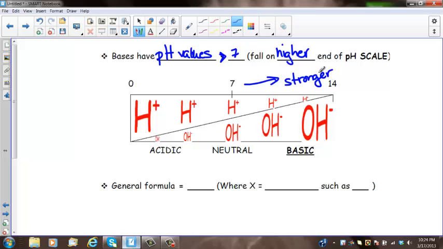So a base with a pH of 14 is stronger than a base with a pH of 8. They have the general formula XOH, where X equals a cation, such as Na. So this could be NaOH, because Na is +1, OH is -1.